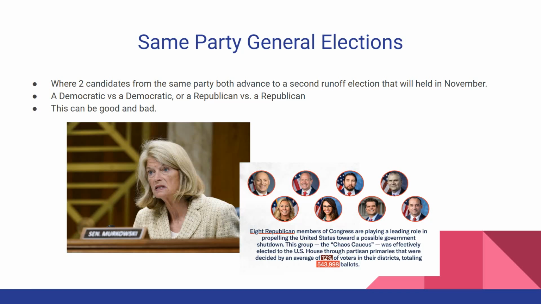So, one of the effects that top 2 primaries has had on California's elections is that it led to same-party general elections.